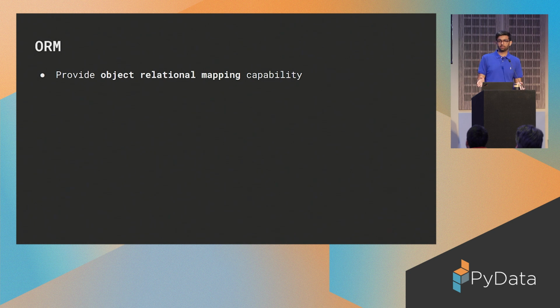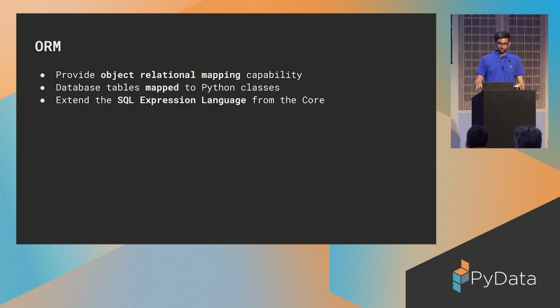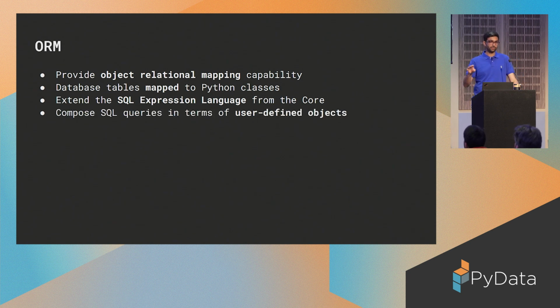This is nothing but the tables of your database are your classes in Python, and the columns of the table are your class variables. This means that a row in your table would be represented as a Python object of that class. The SQL expression language is also used here along with the core. And once we do this, we can compose the query in terms of objects rather than raw text.